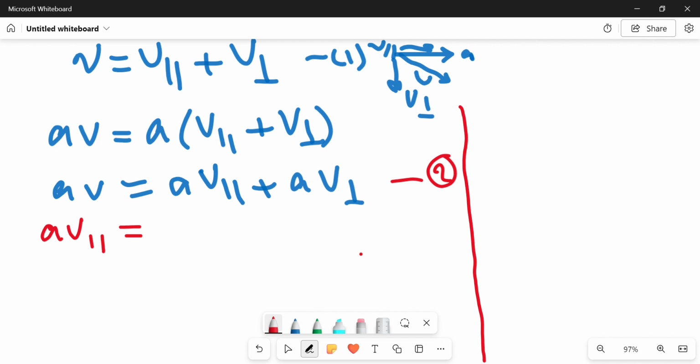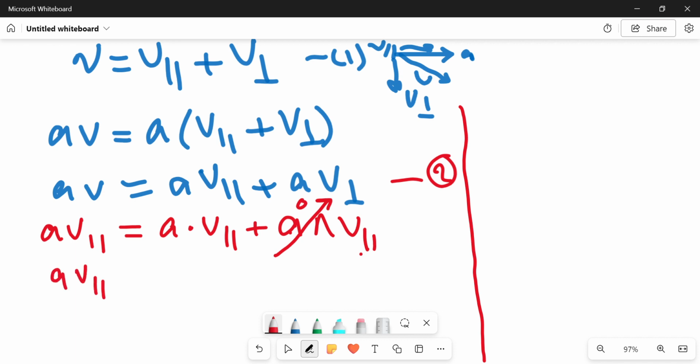This is the geometric product, which is, as we said, the sum of the dot product A dot V and A wedge V parallel. Two parallel vectors, their wedge product is 0. So this goes to 0.